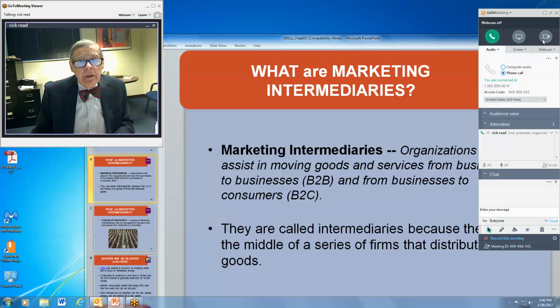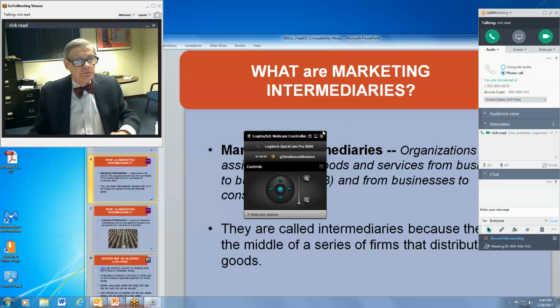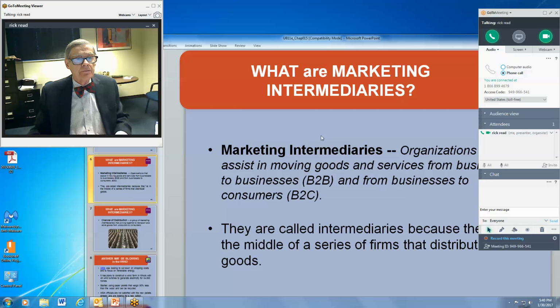Marketing intermediaries. These are organizations that assist in moving goods and services between manufacturers to the business-to-business market and from manufacturers to the consumer market, or business-to-consumer market.